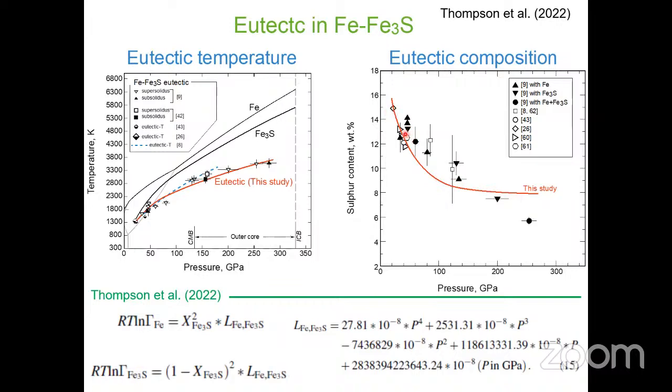But considering the uncertainty in the experiment, this curve is fairly consistent up to 200 GPa. This highest point is something we are not reproducing by thermodynamic calculation. But this assures overall consistency of eutectic composition and eutectic melting point.